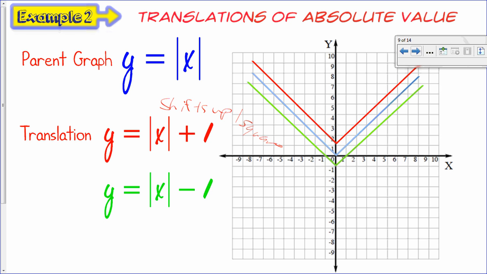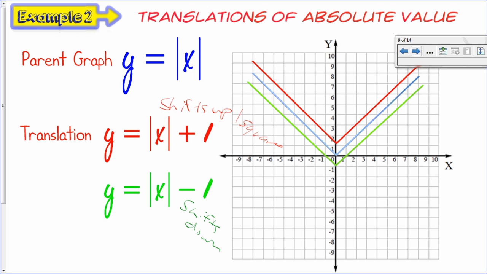If it's a -1 and it's after the absolute value, then it shifts down 1 square. Now understand, I could have a shift up and also a shift to the right. I could also have a flip down, a shift up, and then a shift left or right. Okay?